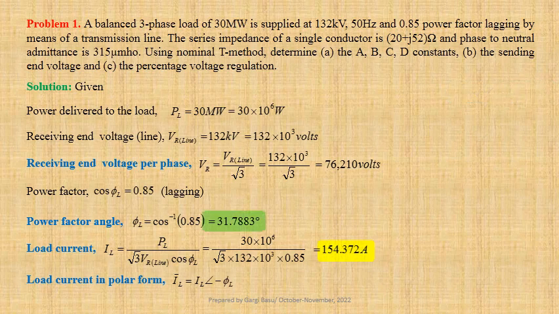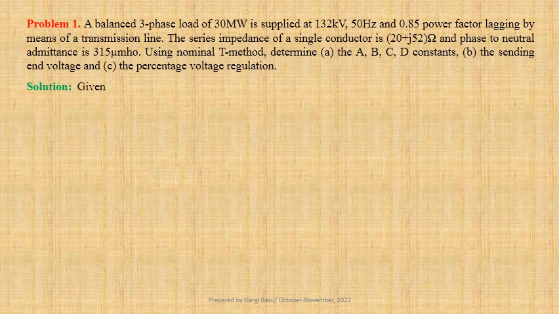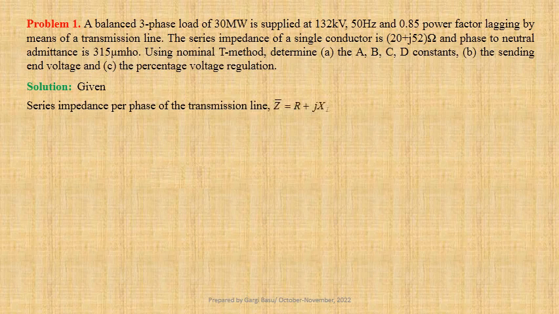Load current may be written in polar form as IL equals IL at an angle minus phi L, that is equal to 154.372 ampere at an angle minus 31.7883 degree. In this case, load current IL equals receiving end current IR. Given series impedance per phase of the transmission line Z equals R plus jXL equals 20 plus j52 ohm.